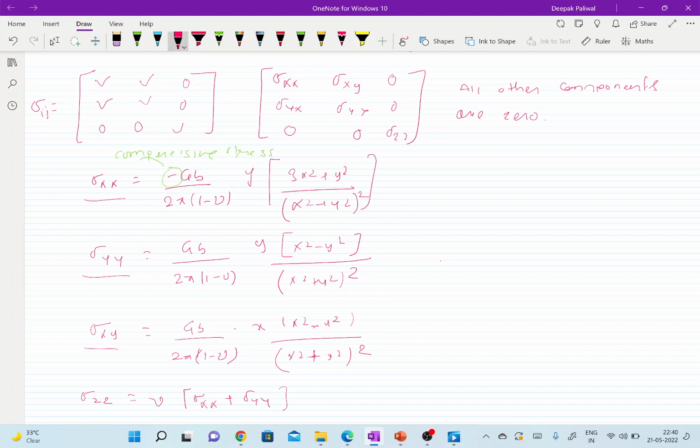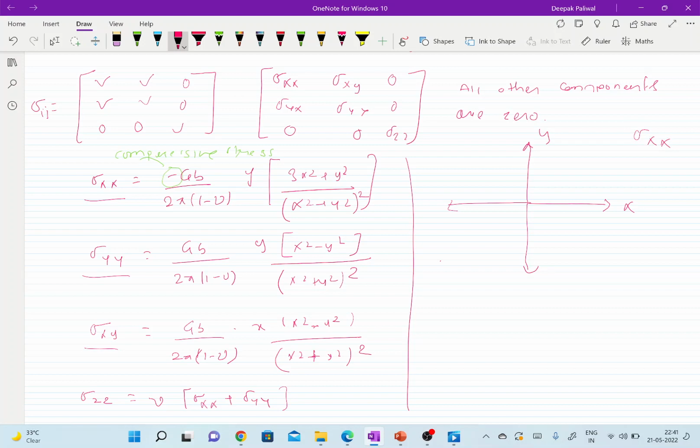Now let us see the stress distribution, the stress field, in the x and y coordinate system, and how the component sigma xx is distributed.